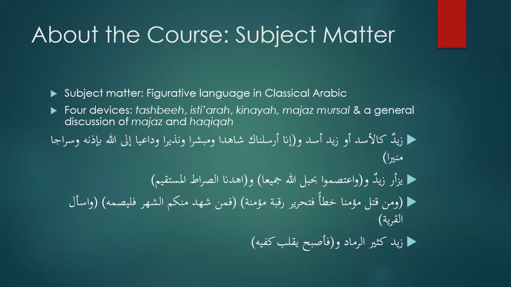But here, the relationship between two things of different classes, the comparison between two things that are different, is clear in the mind of the listener, and so this is considered literal truth. When I say Zaydun Asadun or An-Nabi sallallahu alayhi wasallam Sirajun Munir, it's as if I'm saying there.